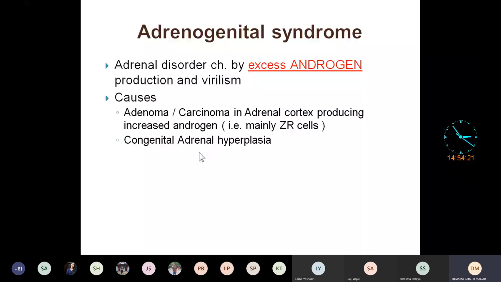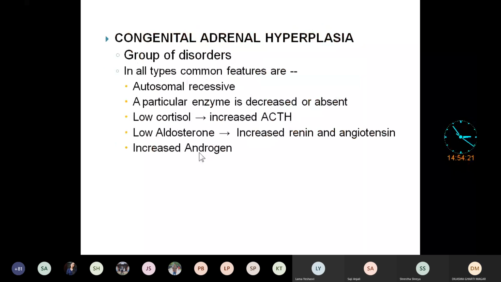So now we'll come to congenital adrenal hyperplasia. This is also interesting, I found it interesting. It is a group of disorders. Understood here? We can see all types of common features here.